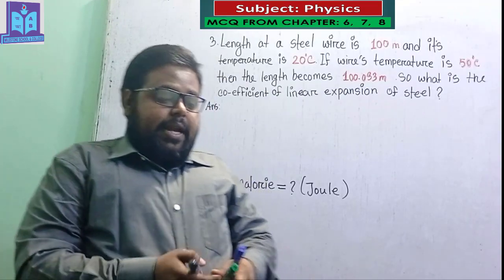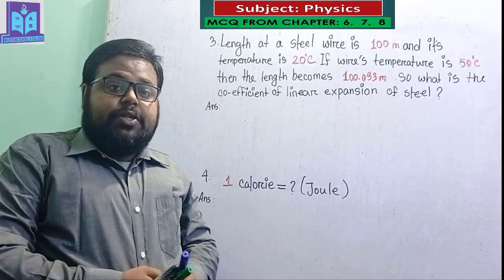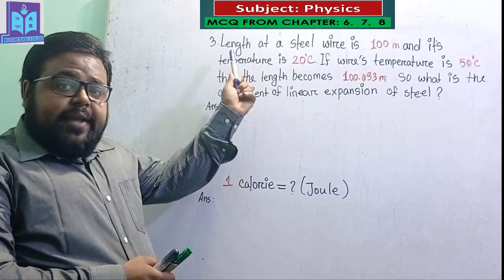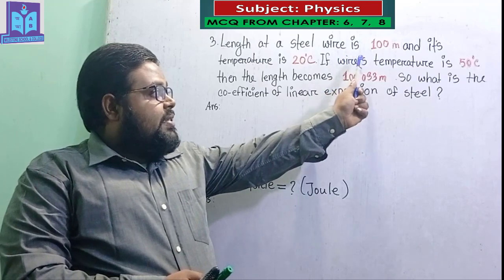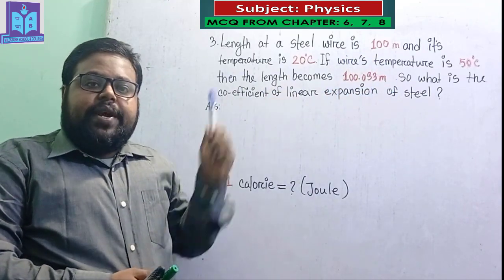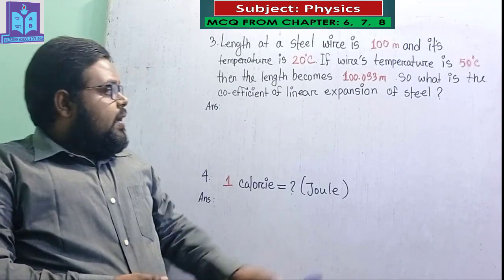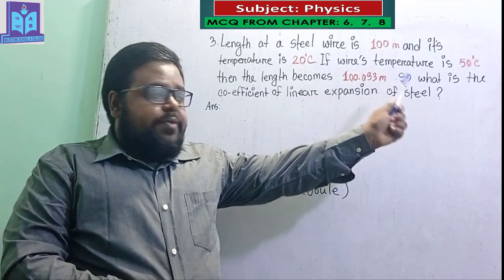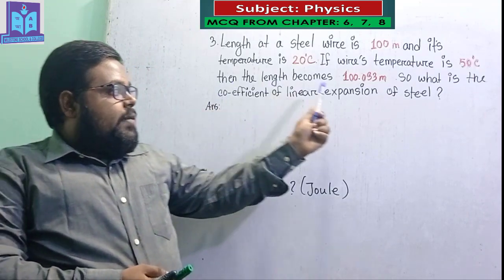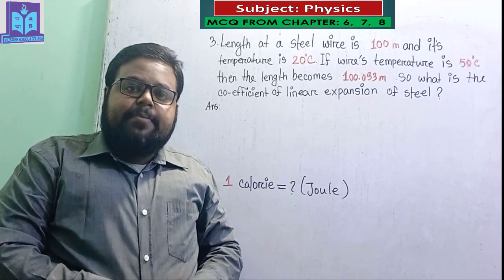Dear student, here you can see that this is our number 3 question. And the question is, the length of a steel wire is 100 meters and its temperature is 20 degrees Celsius. If the wire's temperature is 50 degrees Celsius, then the length becomes 100.033 meters.